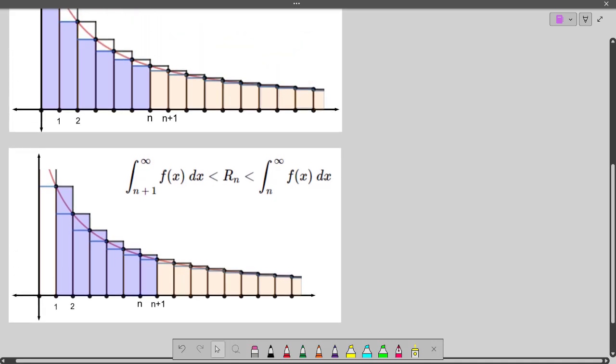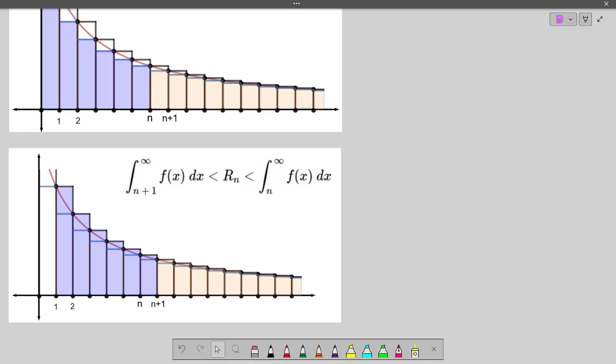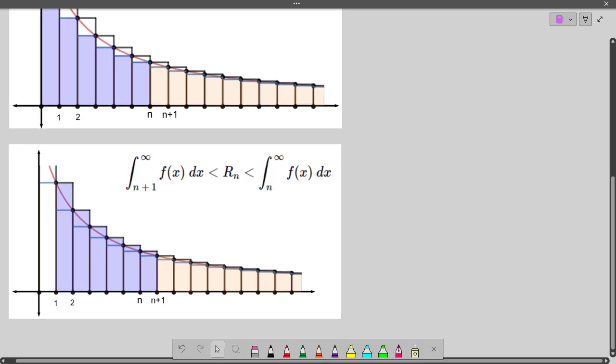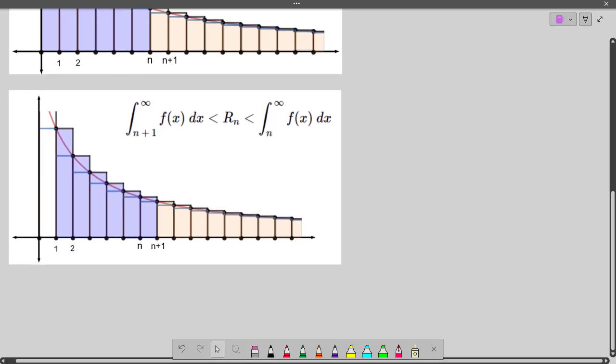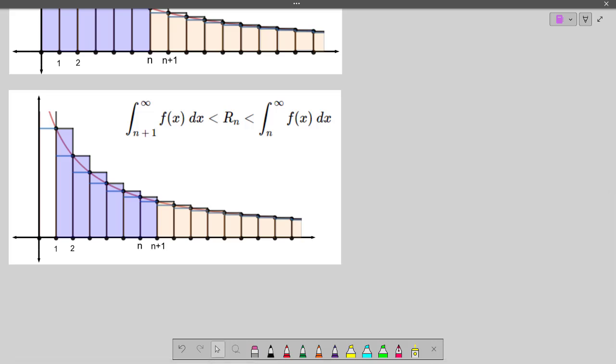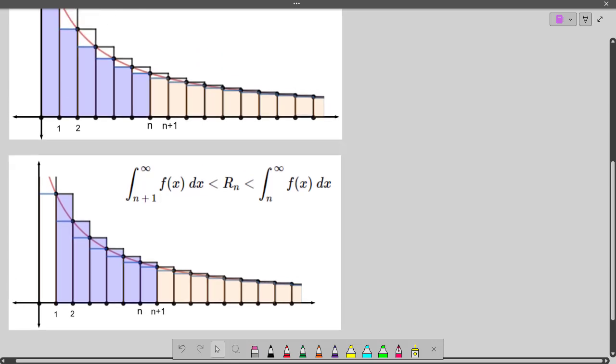We have the same exact blue rectangles, except this blue one, when it gets pushed over, the right endpoint is now n plus 1. Everyone agree with that? That that's just another visual of the same exact data, the same blue rectangles and beige rectangles, same ones.